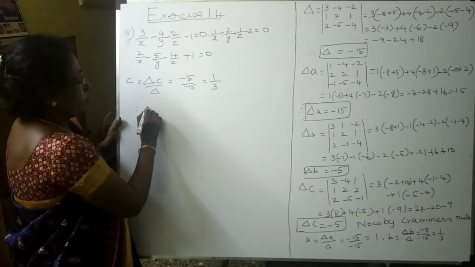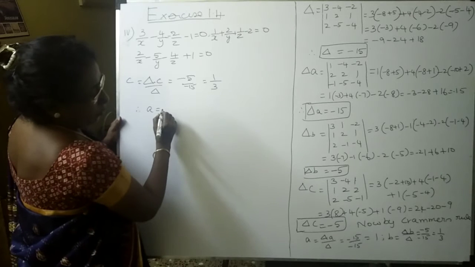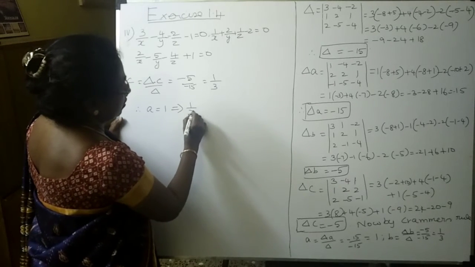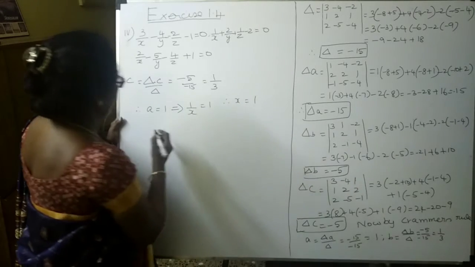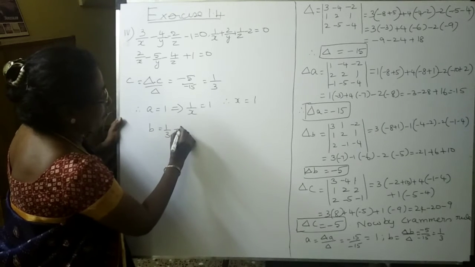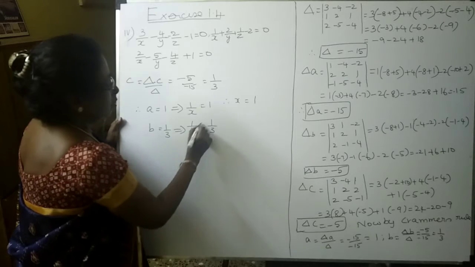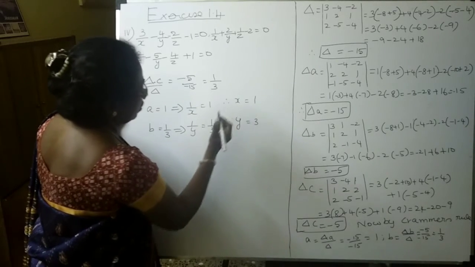Therefore, x is equal to, we get A is equal to 1 gives you 1 by x is equal to 1. Therefore, x is equal to 1. B is equal to 1 by 3 gives you 1 by y is equal to 1 by 3. Cross multiply, we get y is equal to 3.